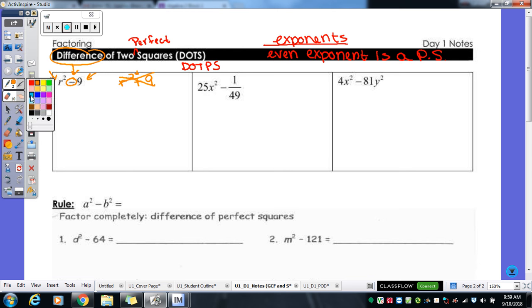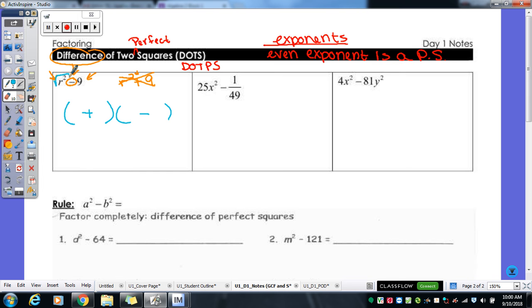So our setup: 2 sets of parentheses. Within your 2 sets of parentheses, one is always positive, one is always negative. It does not matter which one goes first. You can put positive first, negative last, or vice versa. Negative first, positive last. That order doesn't matter. So then to get the stuff inside the parentheses, you're going to take the square root of your first term.